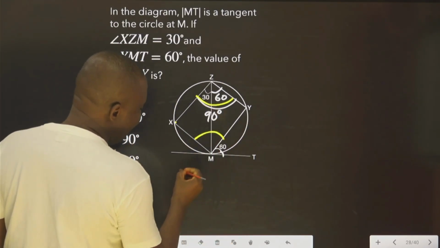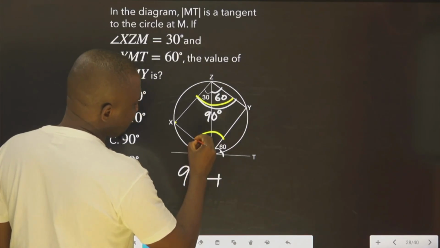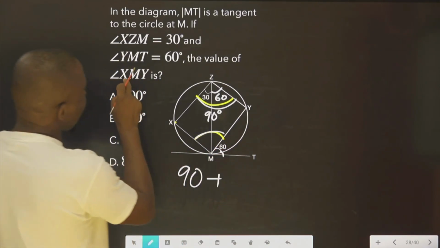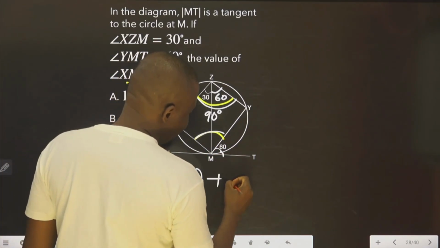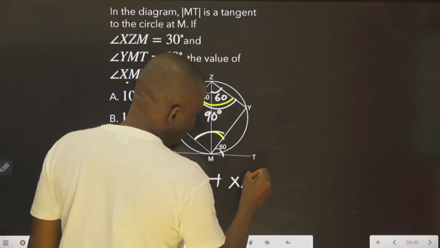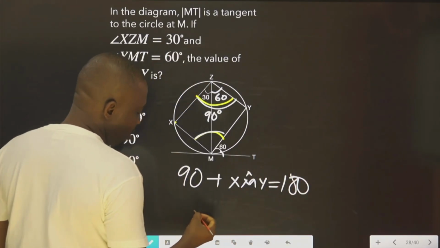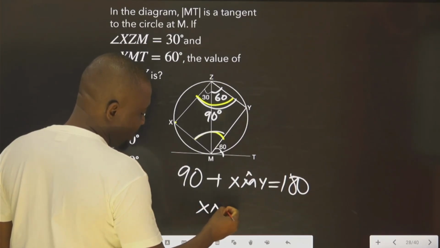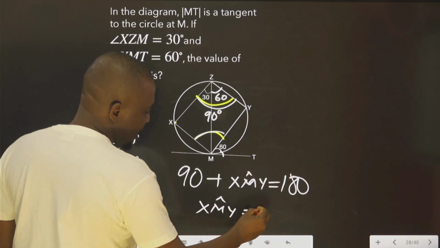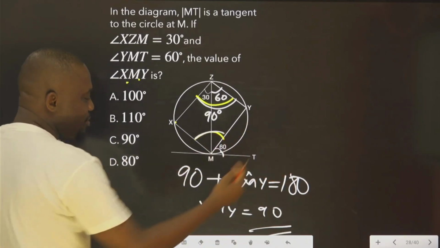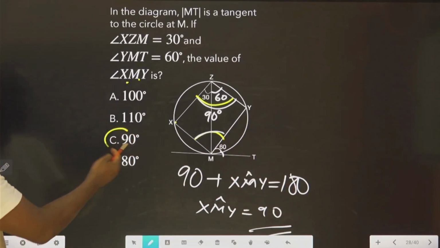Therefore, we say 90 plus this angle, which is SMY we are looking for, XMY, they are equal to 180. Don't need to waste your time again. It means therefore this is 90 degrees because if you remove this from this, you're going to have 90. So therefore C is the answer.